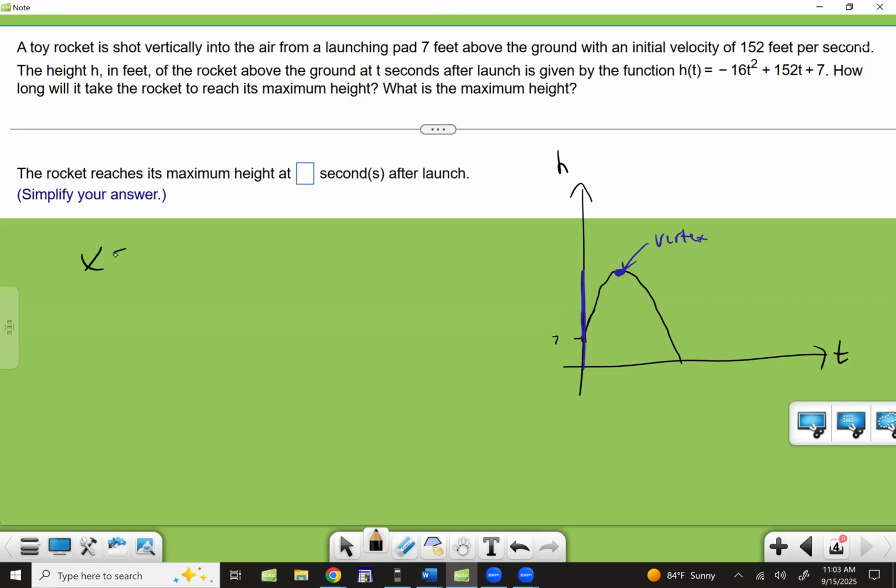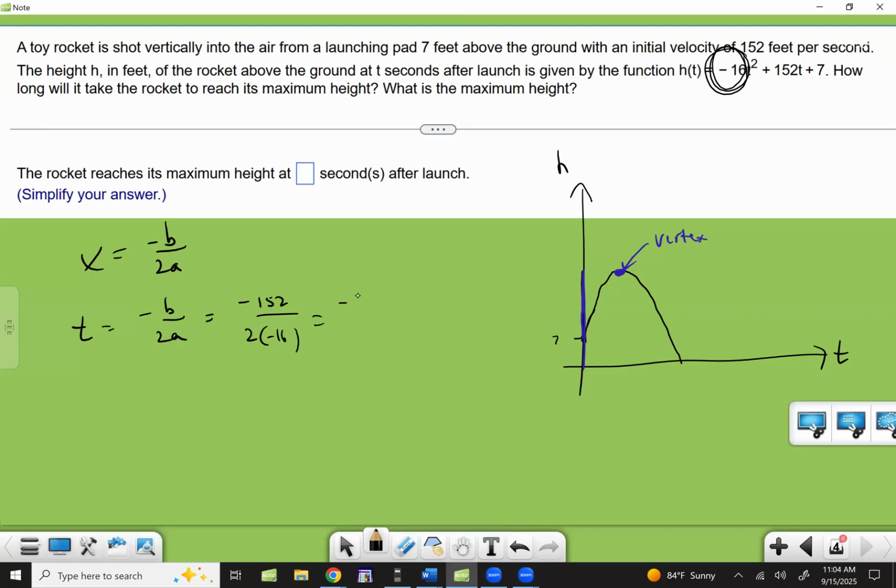Now, normally it's x equals negative b over 2a, but there's no x here. The new x is t really, right? So we're going to say t equals negative b over 2a. All right. So we can see that the b is 152 in our problem. So it's going to be negative 152 divided by 2 times our a, which is negative 16.